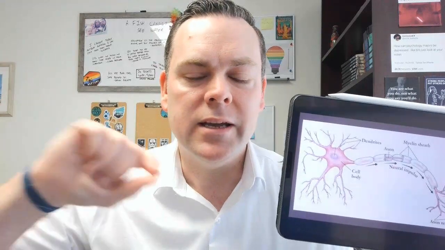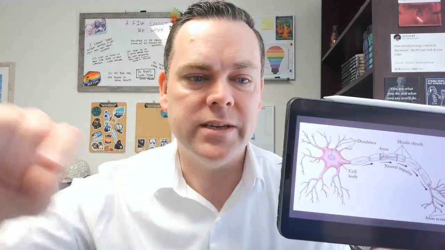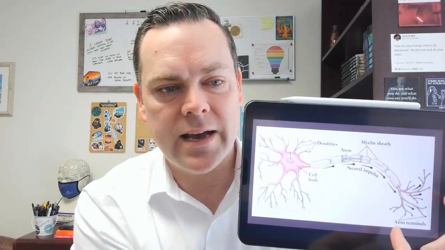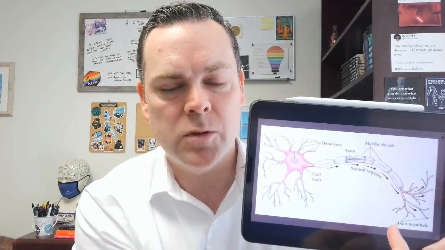The axon is a long, thin tube, and messages travel along that until it gets to the very end, where we see the axon terminals. These axon terminals will then connect to the dendrites of another neuron. If the dendrites' basic purpose is to receive information, the axon terminal's job is to give information.